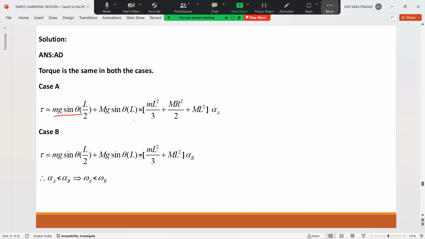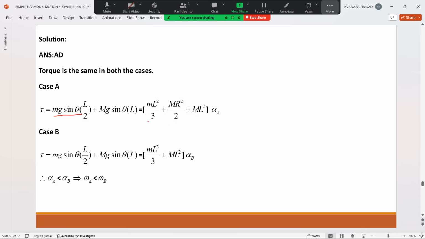In case A, ML square by 3 is the moment of inertia for the rod about one end, plus MR square by 2, rotation of the disk about its own axis, plus ML square, because we are taking translation of the center of mass of the disk.